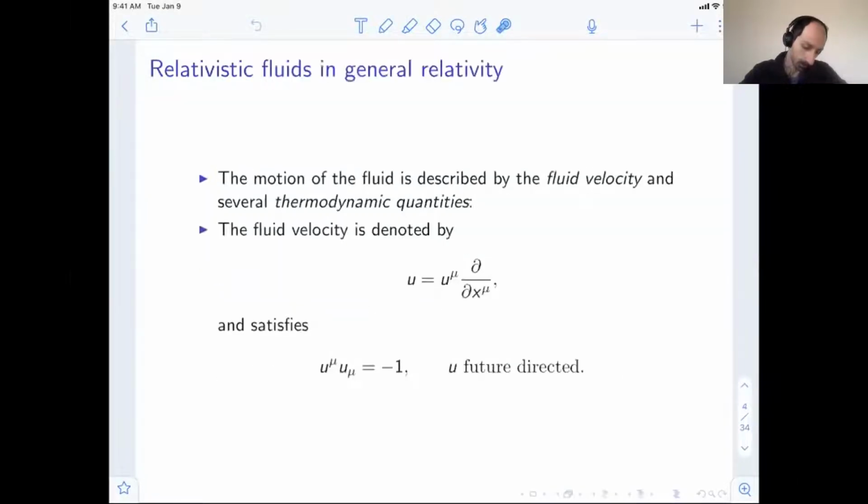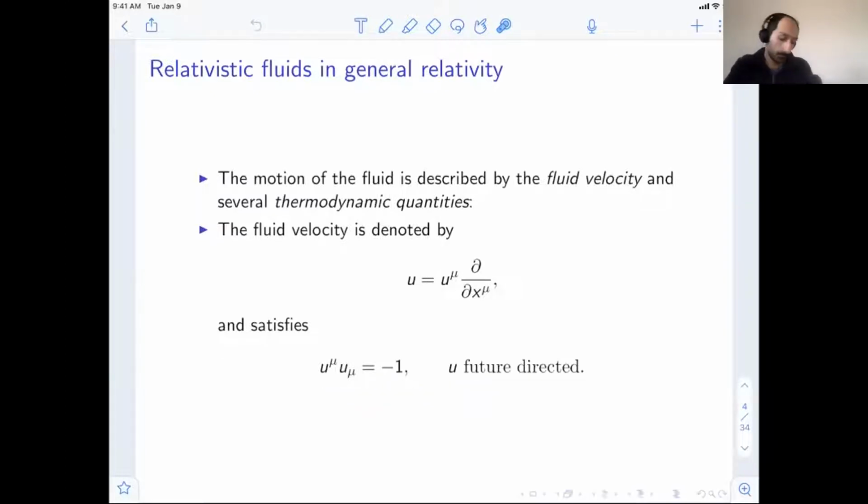So let's discuss what the relativistic fluids are. There are two kinds of fluid quantities that we'll discuss. The first is the fluid velocity, which is u. It's a vector in space-time, which is unit, u_mu u^mu is -1, and it's future directed, time-like.